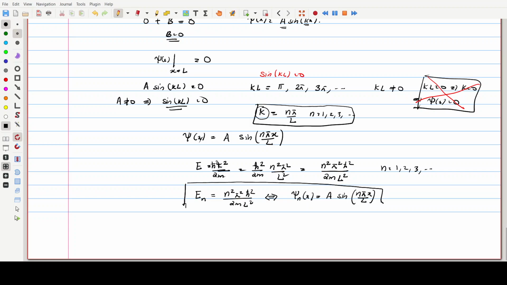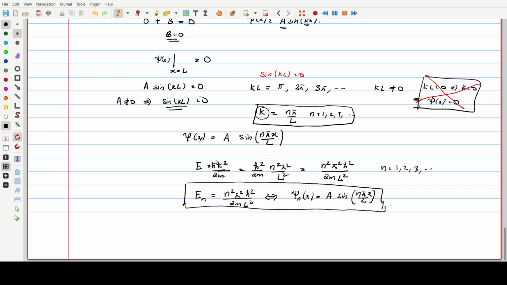Okay, so we have got an important result. In case of the quantum mechanical system, even a very simple system with no force involved, the free particle in a one-dimensional box, it cannot take any energy. Its energy is now discrete, or the energies are quantized. Unlike in the classical system, the energies are continuous.